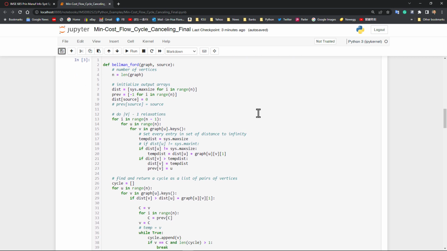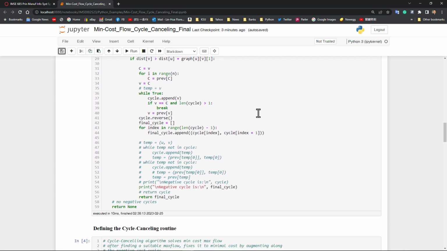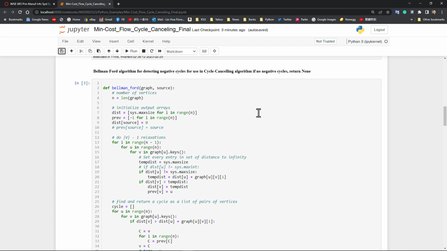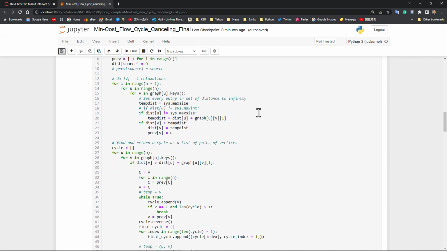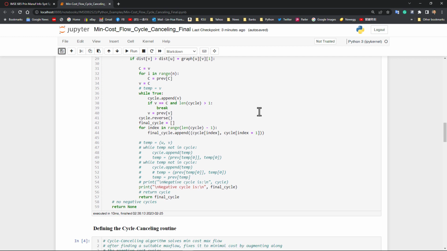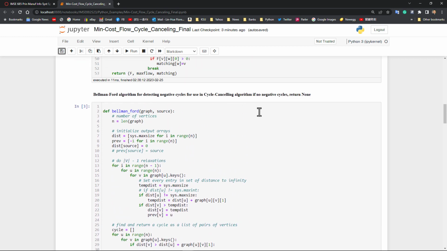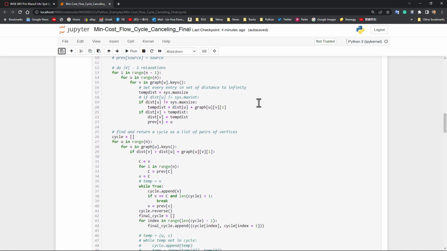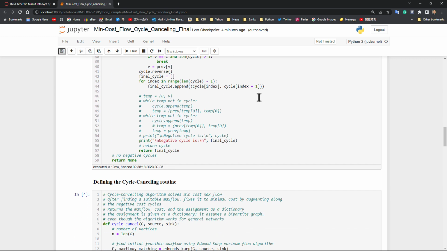The algorithm is also a straightforward implementation of a shortest path algorithm. We're going to come back to talk about Bellman-Ford in detail later on. Here we just introduce this particular subroutine, and you can download the source code for this notebook from the K-State Canvas website, and also the video for today.